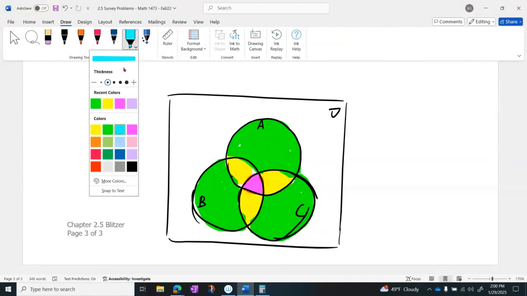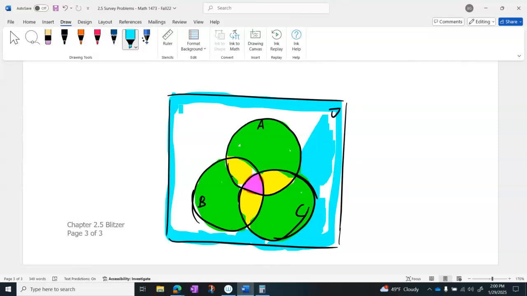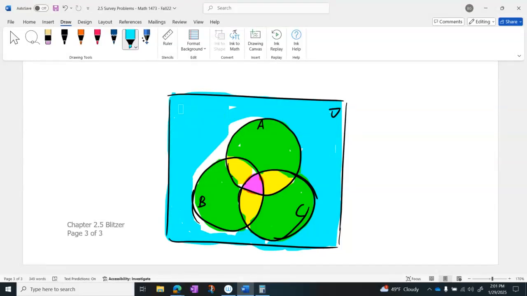Let's do blue. Okay, so I want to use 4 different colors to color the regions in this Venn diagram, and I want to show you the pink color.